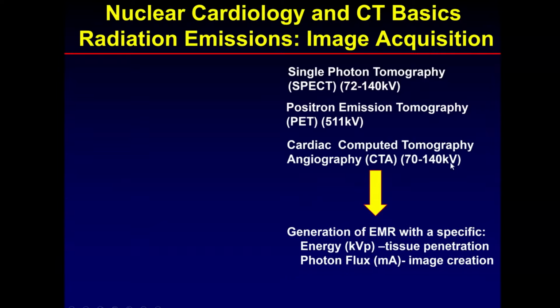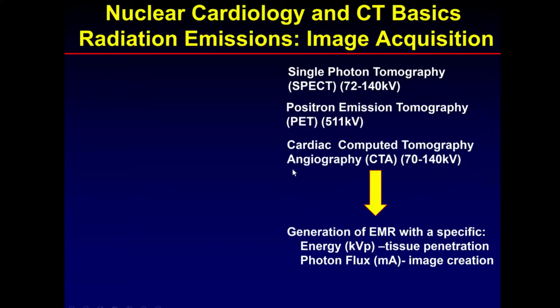And again, the kV is important because it's a way of penetrating tissue and getting photons out, either through the body with CT or out of the tissue to the gamma camera in nuclear imaging.